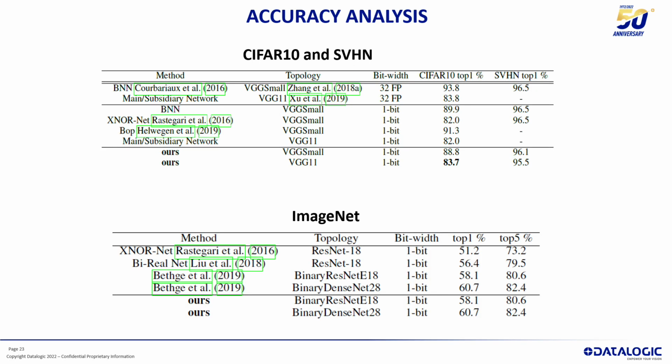Now I just want to show you the accuracy results. We compared on CIFAR-10 and Street View House Numbers, taking into consideration VGG small and VGG 11 models. We were not able to get the same accuracy as, for instance, the binarized neural network proposed in the seminal work.